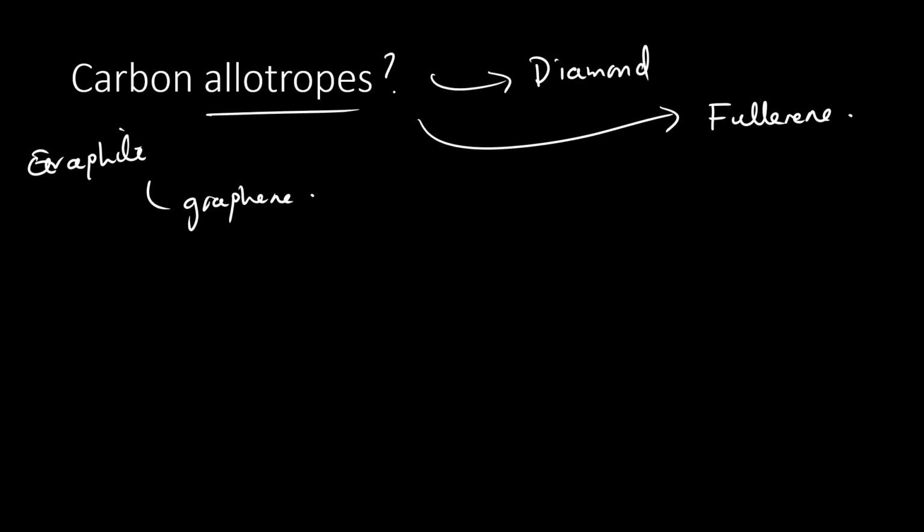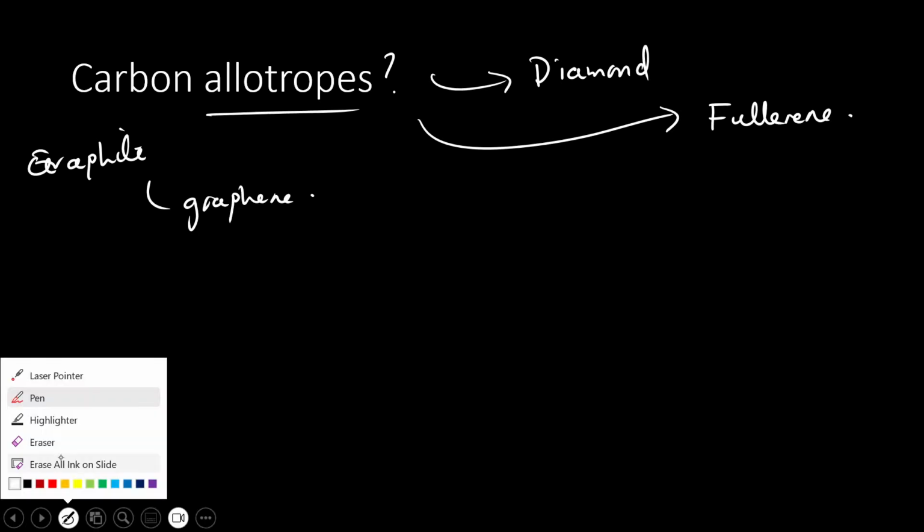Now, can anyone tell me any features about graphite in particular? Like how many carbons does one carbon bond to in graphite? Can anyone tell me why that is so significant? Wait for the lag.